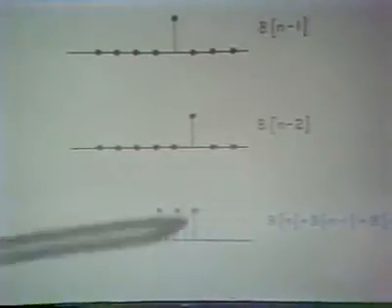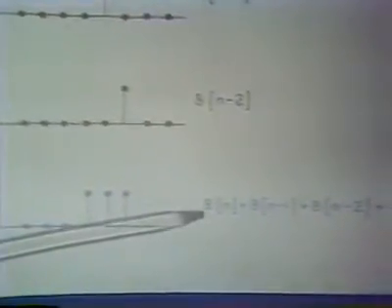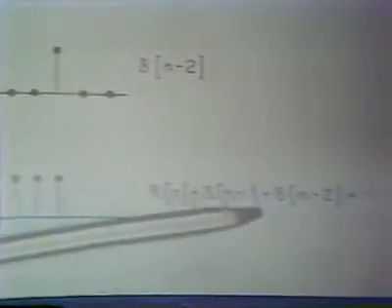And so mathematically then, that would correspond to an impulse at n equals 0 plus an impulse at n equals 1 plus an impulse at n equals 2, etc.